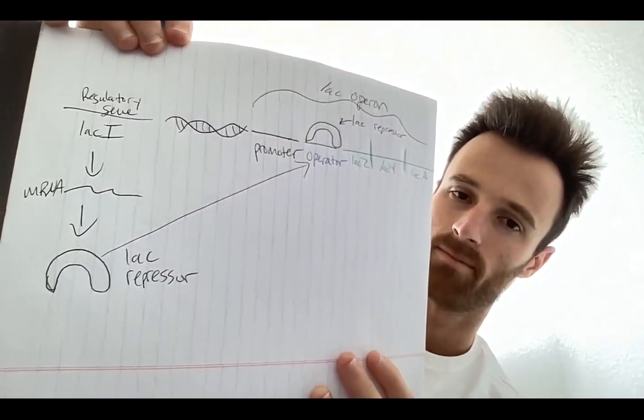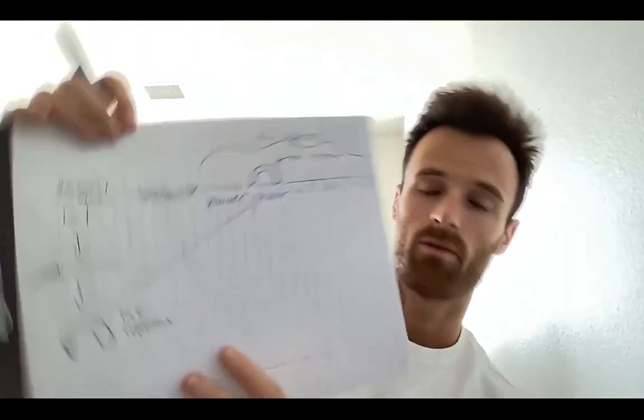Okay. Now, when allolactose is around, because lactose is in the cell, it's going to serve a similar role as what we saw with the tryptophan and bind to the repressor.